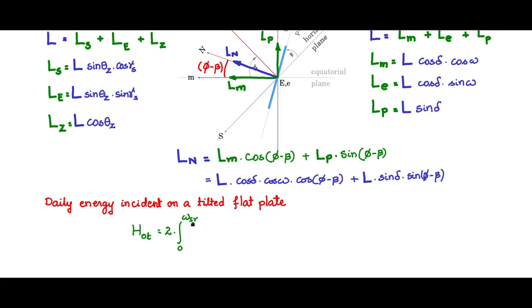Omega SR is the sunrise hour angle, and I am going to slightly modify that. It will be omega SRT, sunrise angle for a tilted plate. I will discuss that more shortly. And the integration is for Ln with the integration parameter d omega. Omega is the hour angle. Now this would provide you with the daily energy incident on a tilted flat plate. Now let us perform this integration and then see what is the relationship that we will get.